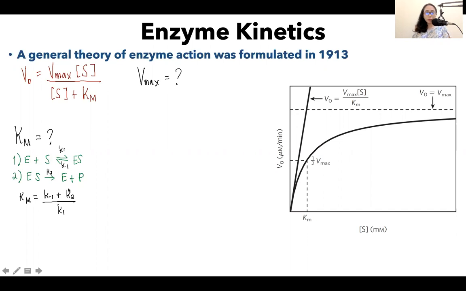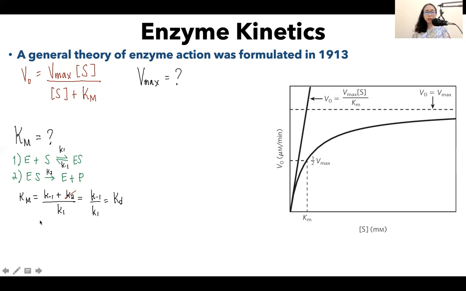So K2 is smaller than K negative 1. And if we say that the value of K2 is negligible, then our Michaelis-Menten constant becomes K negative 1 over K1. And this is what biochemists call the dissociation constant.